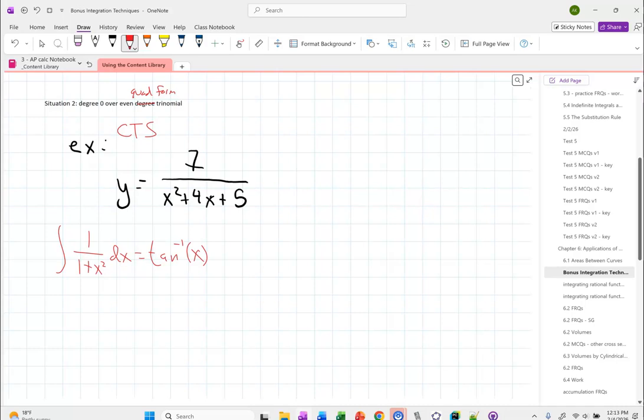That's my goal. This is the antiderivative formula I need to use. So somehow I need to take this and rewrite it as 1 plus something squared.